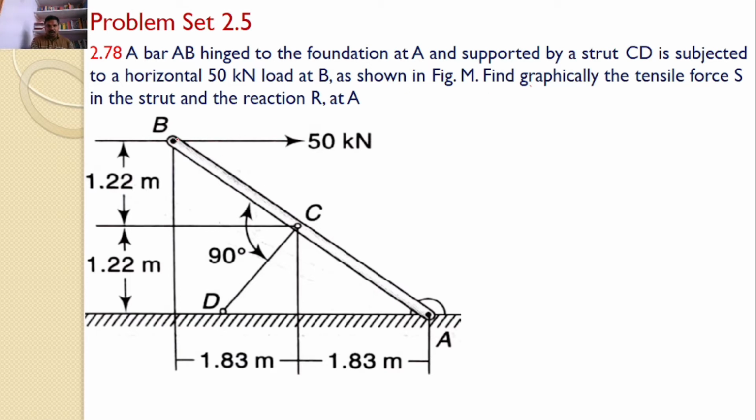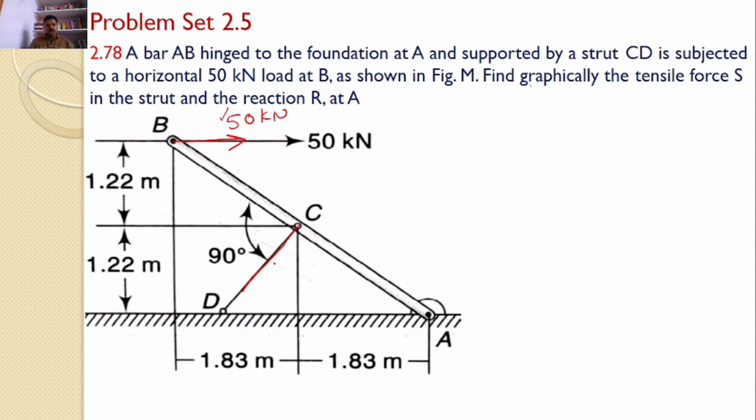The first force is the 50 kilonewtons load. We know the magnitude is 50 kilonewtons and the direction is horizontal. We know complete details of this 50 kilonewtons. The force developed in the strut CD is along the strut.